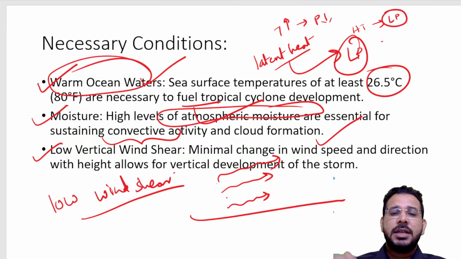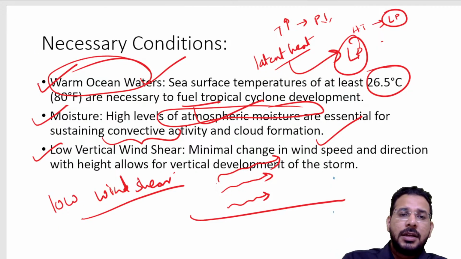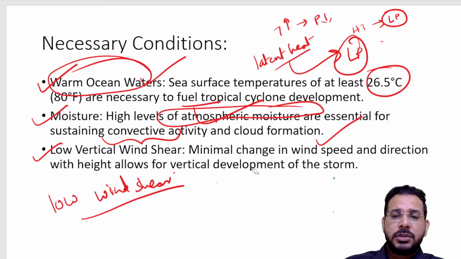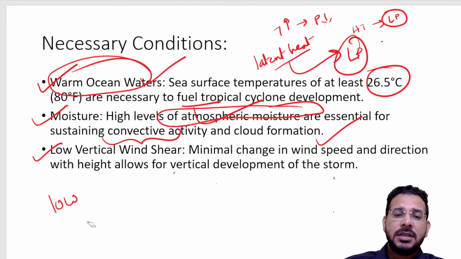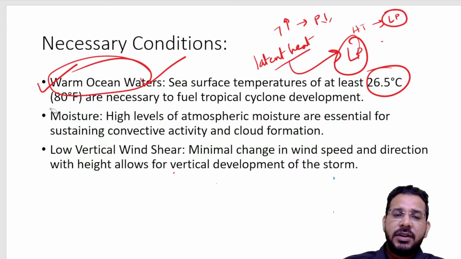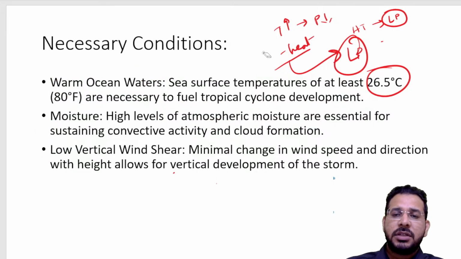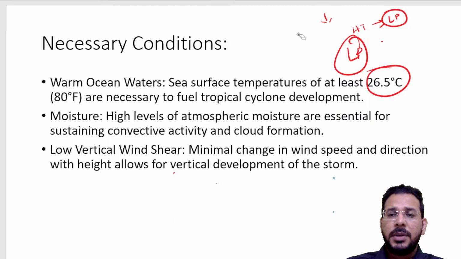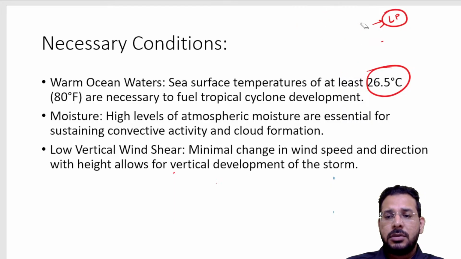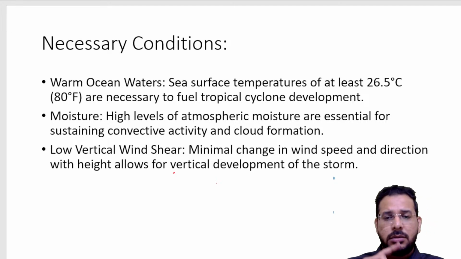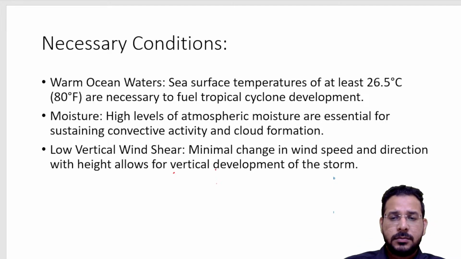It is not favorable if there is wind shear in the formation of a cyclone, because a cyclone requires symmetrical conditions. If there is wind shear, it will become a hurdle for cyclone formation. So low wind shear is required for a cyclone to form.